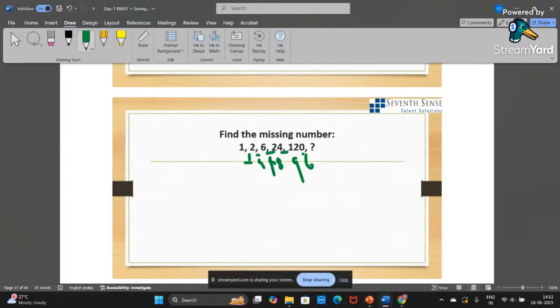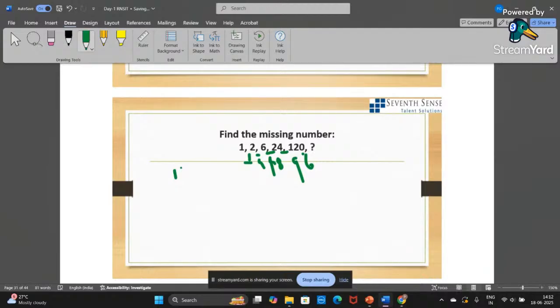So what is the logic here? You have to think in every possible way. When you're finding the difference, you're not getting the answer. So you have to think of another method.